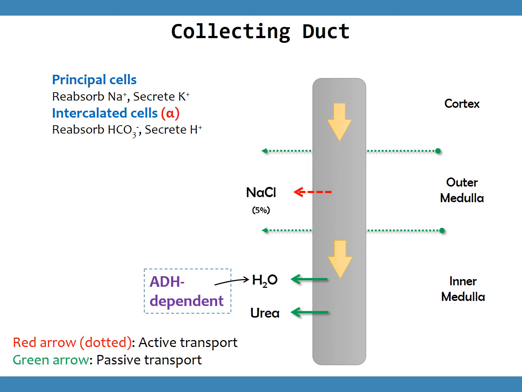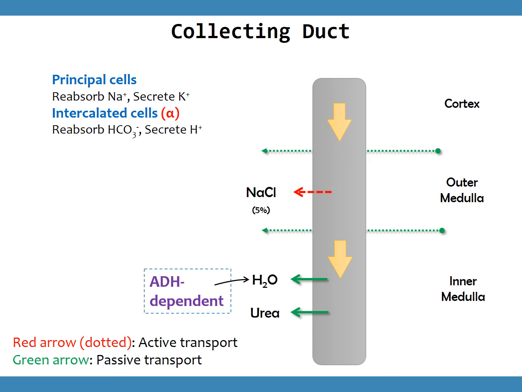So the permeability of the medullary collecting duct to water is dependent upon ADH, which we will study in the second lecture, how kidneys are able to conserve water and produce a concentrated urine.